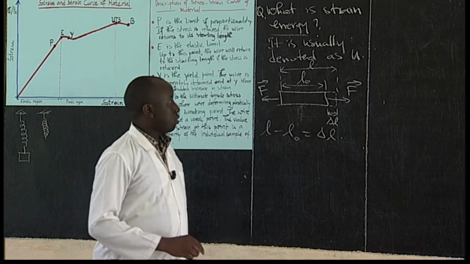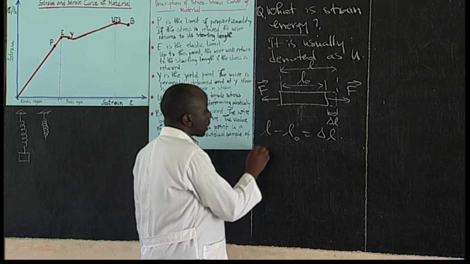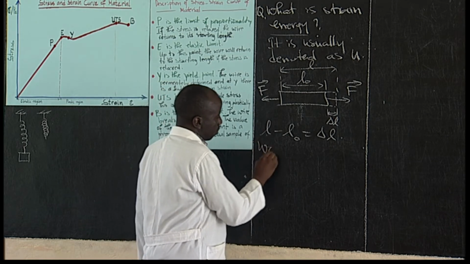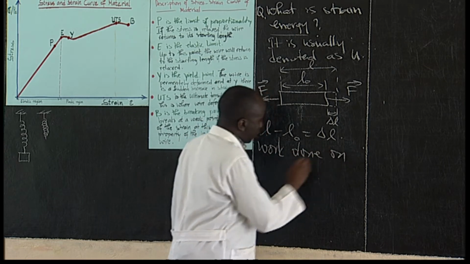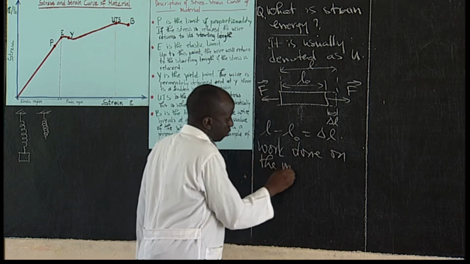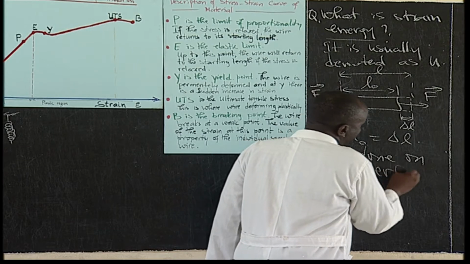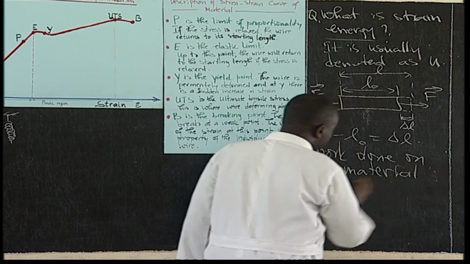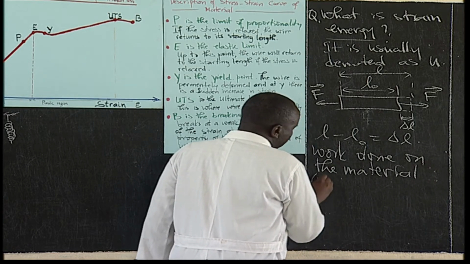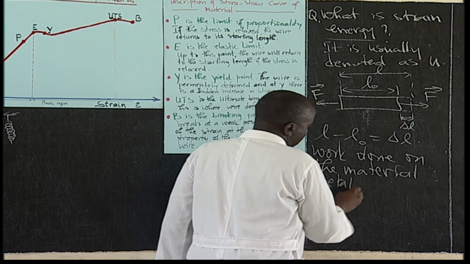But this time, what we want to find is the work done on the material. This material is the metal bar.